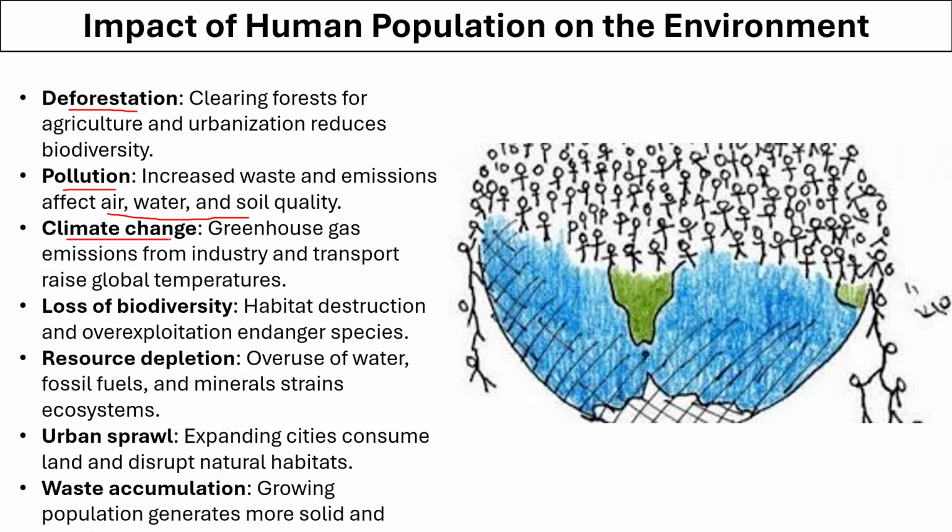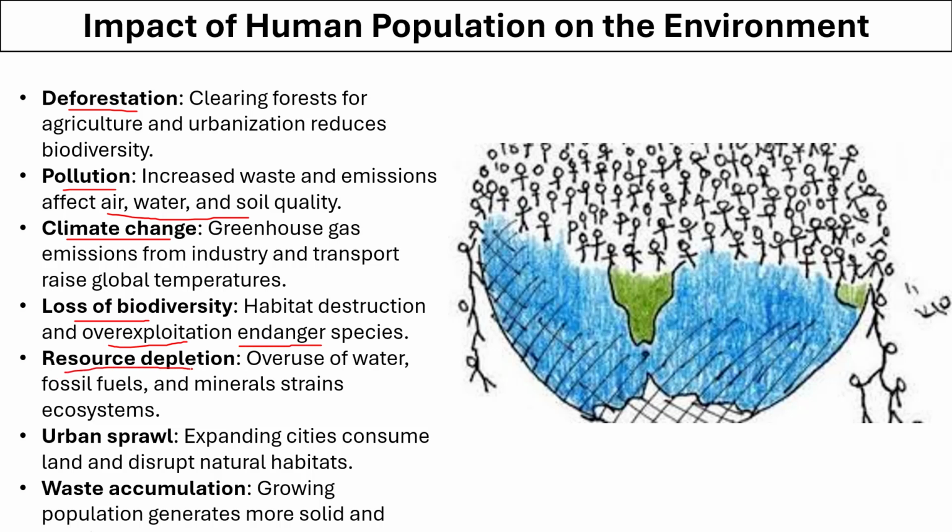Climate change happens because of the emission of greenhouse gases through the use of fossil fuel, and we are also continuously losing biodiversity by destroying the habitats of other living organisms and by over exploiting the resources and putting the life of several important species in danger.